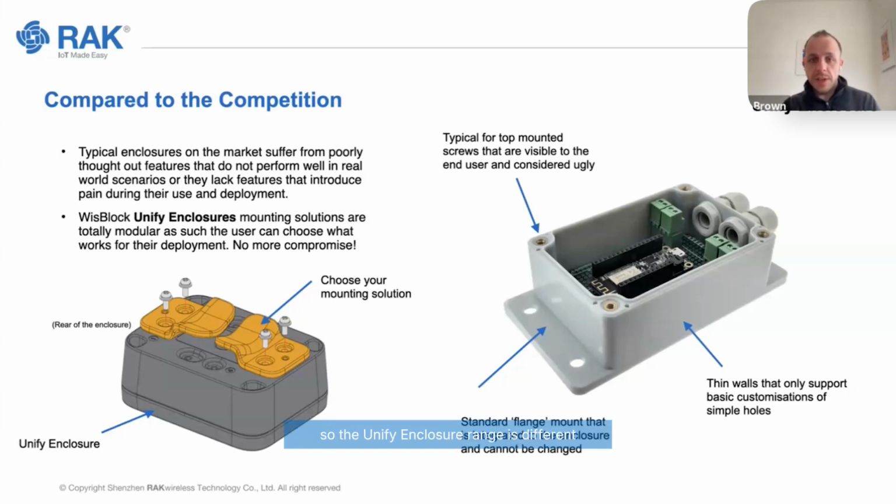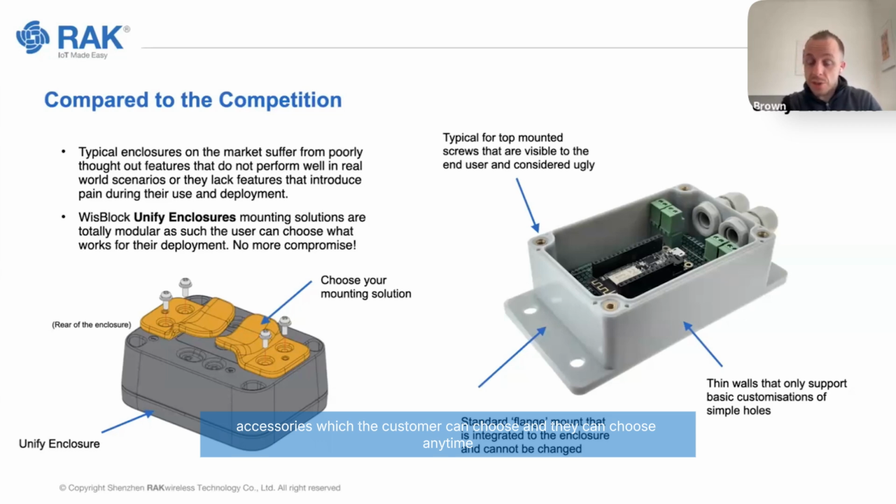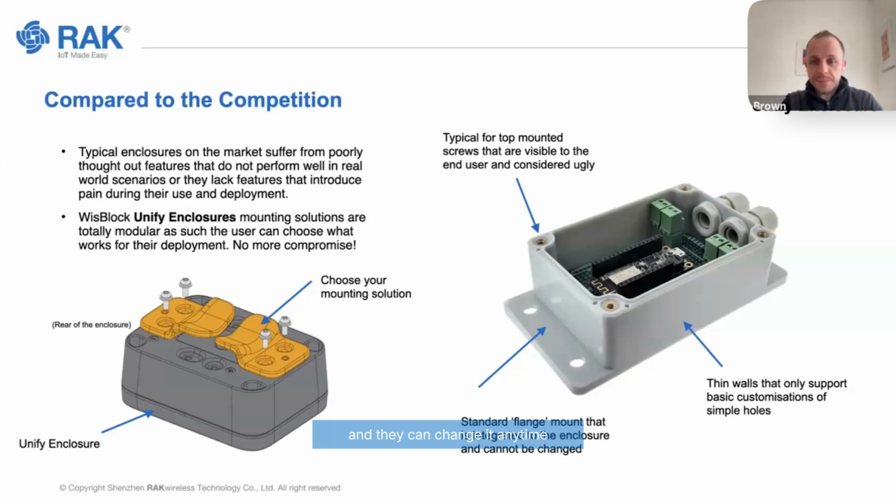The unified enclosure range is different because we have a very attractive enclosure with many features that we'll come to later, but the fundamental is the modular mounting accessories, which the customer can choose, and can change at any time. In the illustration on the left, we show the back of the unified enclosure, and the items highlighted in orange are an example of one of the mounting accessories.